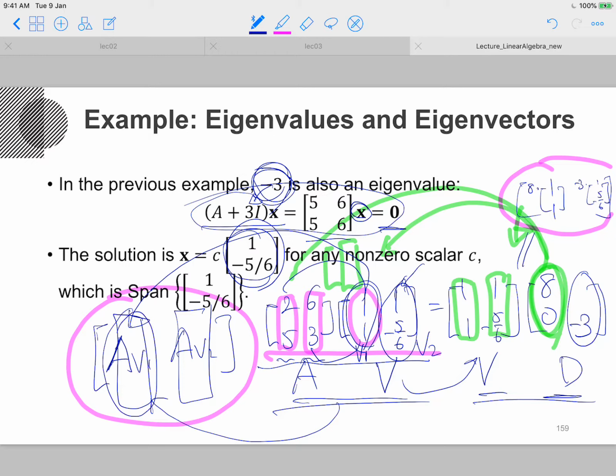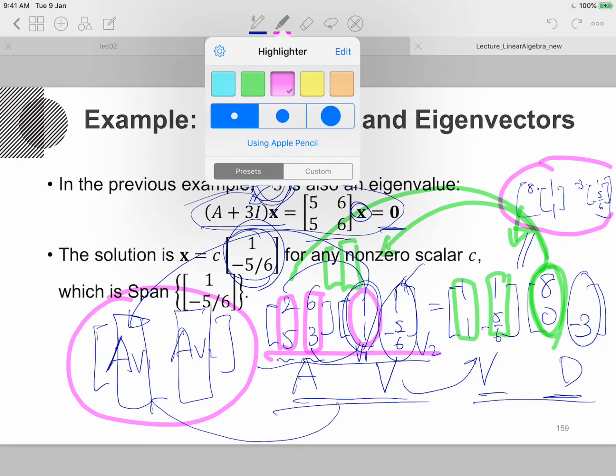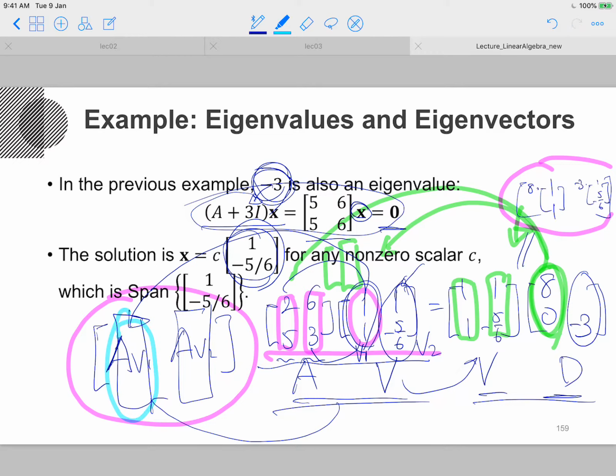And so this AV1 should be equal to lambda 1 times V1, right? By matching these two matrices column by column, if the two matrices are exactly the same, then the first column of these two matrices should be the same, and the second column of the two matrices should be the same.